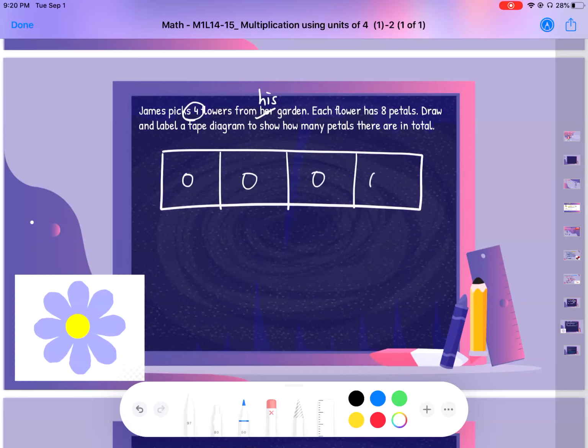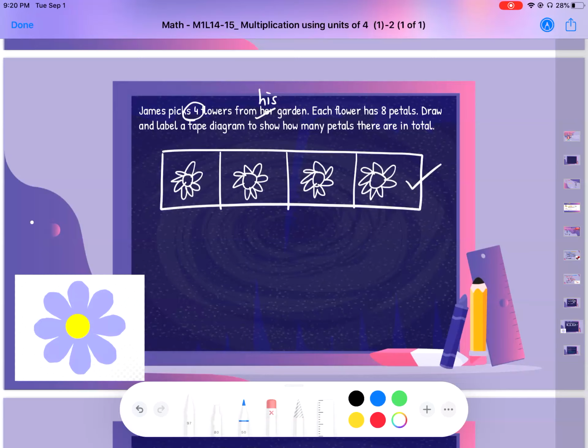And I'm going to draw 8 petals. So I think I drew more than 8. Okay. Now my drawing is done.